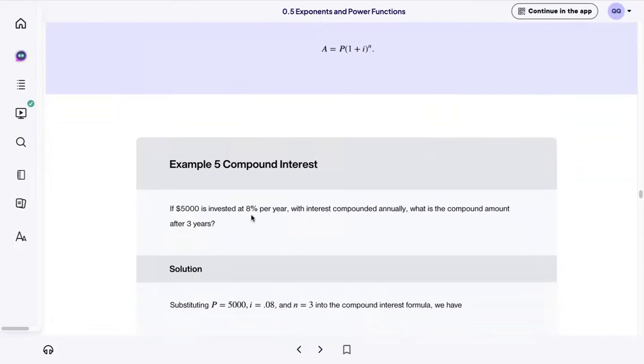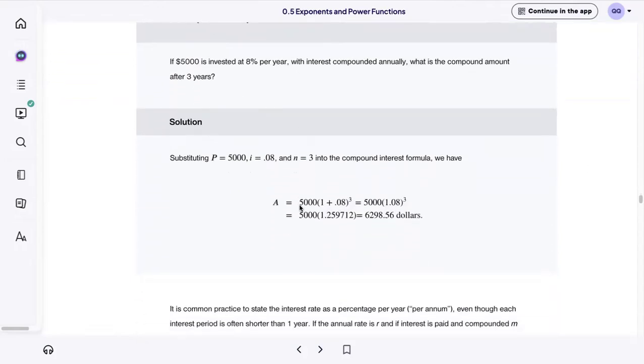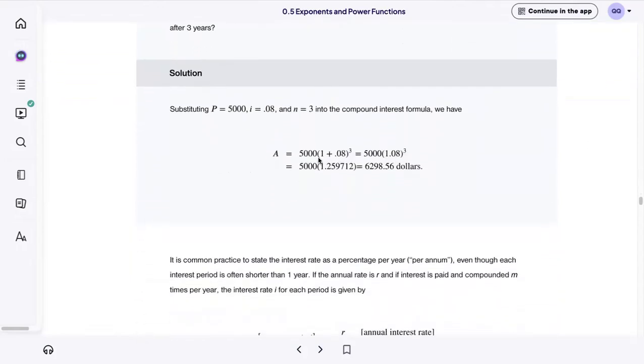If it's not annually, we need to change the interest rate to match the compound period. So this I is the interest rate in each compound period, with N being 3 years. We just plug into the formula: 5,000 times 1 plus 0.08 raised to 3 years. So we get this amount of money.